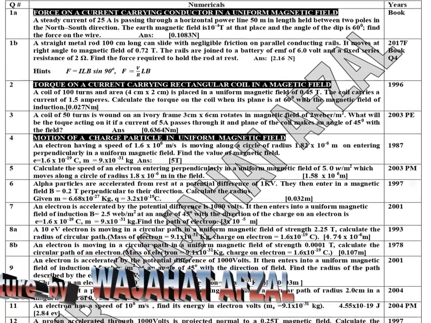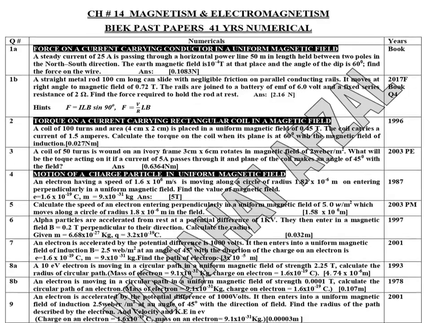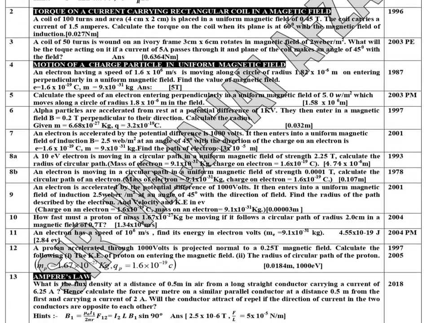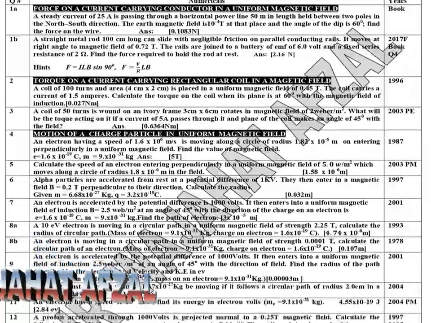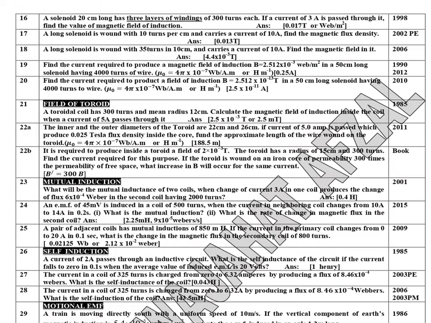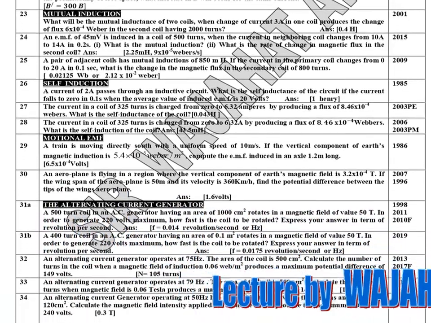It contains many topics on the force on a current carrying coil, torque on a current carrying coil, and the motion of a charged particle in the field, Ampere's law, solenoid. And then this chapter contains the numericals of the toroid, mutual induction, self-induction, motional EMF, and the alternating generator.